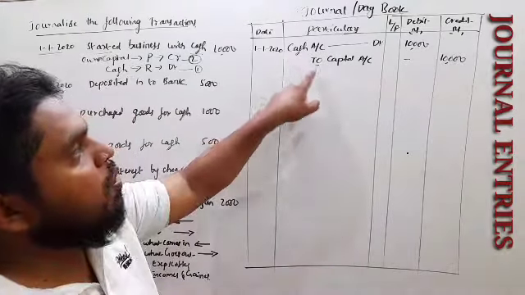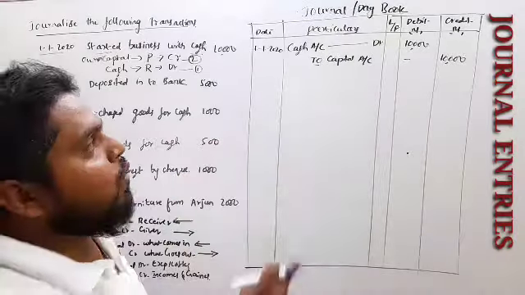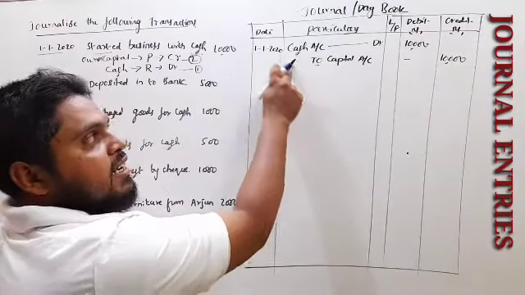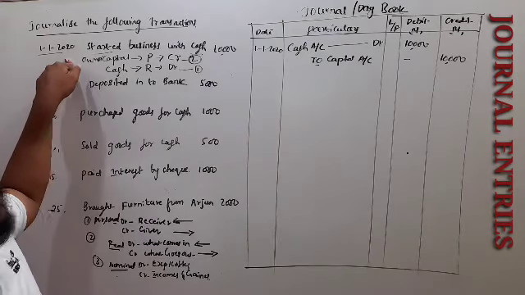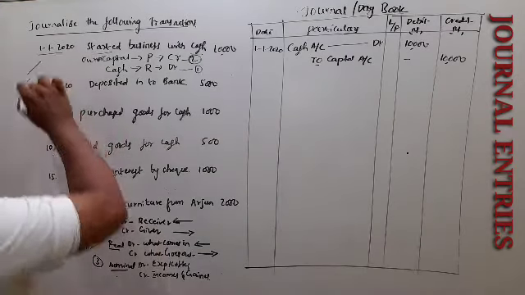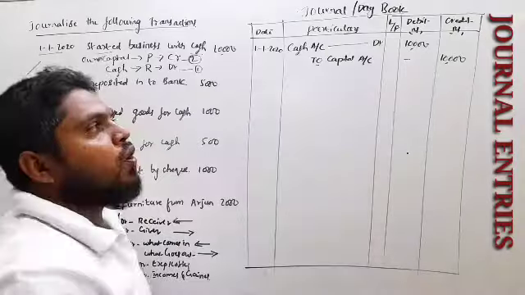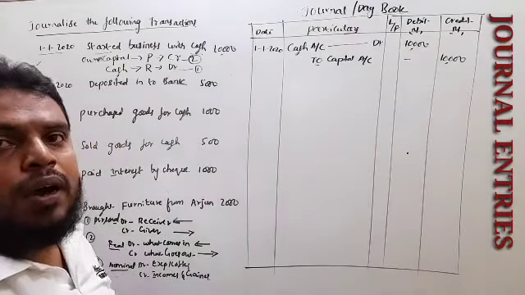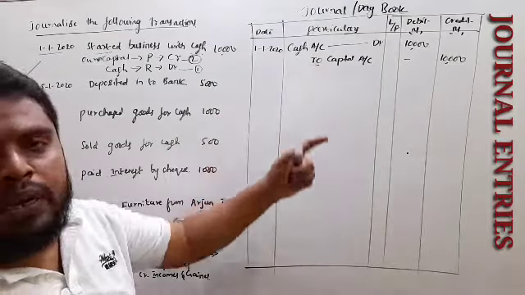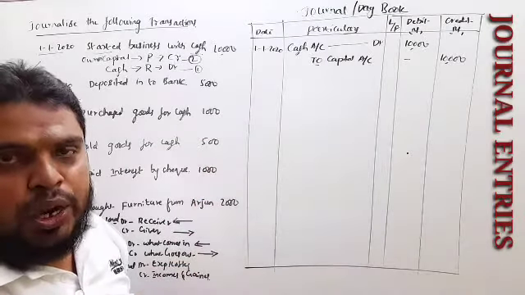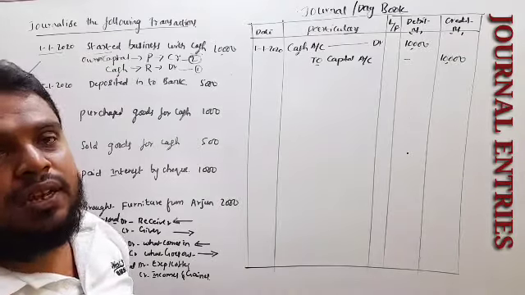So this is called the entry. This is the first entry, that is, the first transaction entry. For this entry, we have to give an explanation: cash account to capital, what it is. The explanation we have to give is the narration.